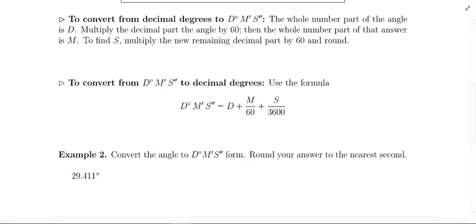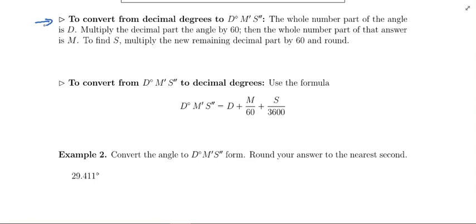So let's read through the 2 rules. Here's the first one. It tells you how to convert from decimal degrees to degrees, minutes, and seconds. The whole number part of the angle is D, and D is referring to the degree part. Then you're going to multiply the decimal part of the angle by 60, and the whole number part of that answer is going to be M, which is the number of minutes.